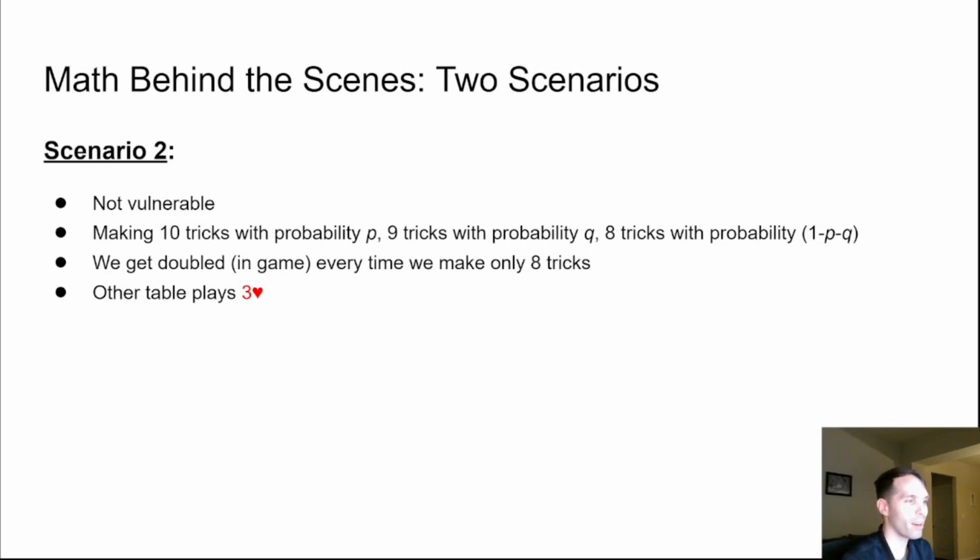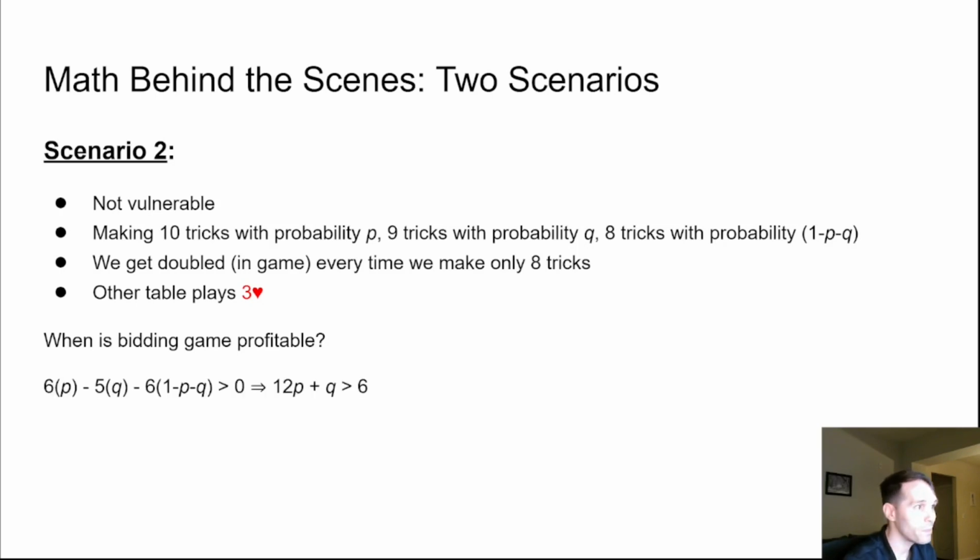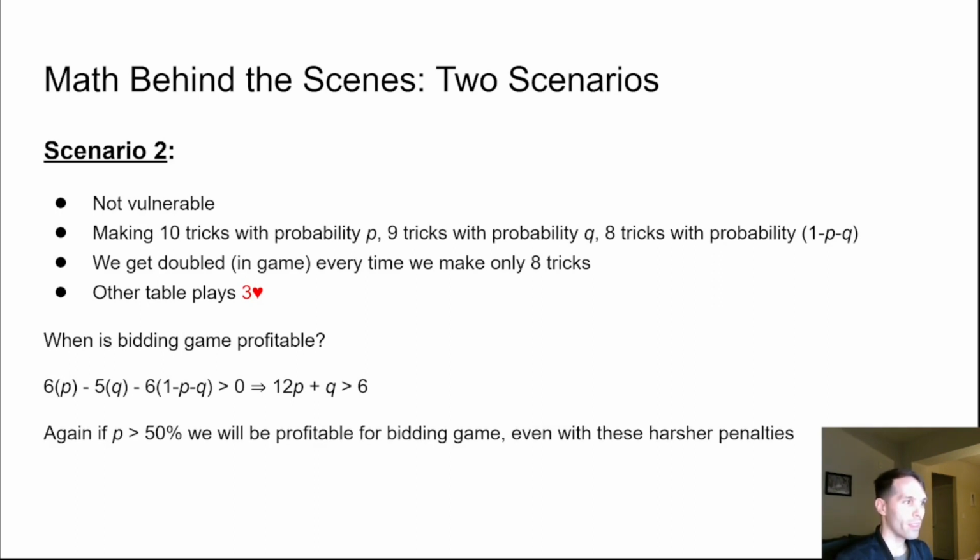And the question here, once again, is when is bidding game profitable? Well, it turns out if we plug in the math, we get to this final equation: 12 times (P plus Q) is greater than 6. And again, if the probability of making 10 tricks is more than 50%, we will once again be profitable for bidding game despite all of the harsh penalties that we've imposed on ourselves.